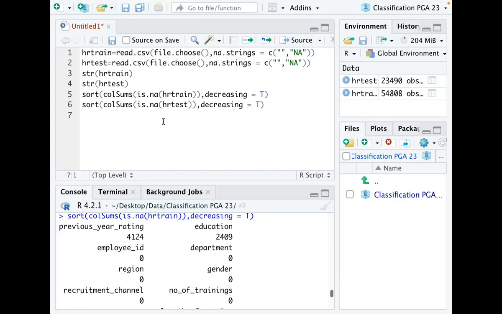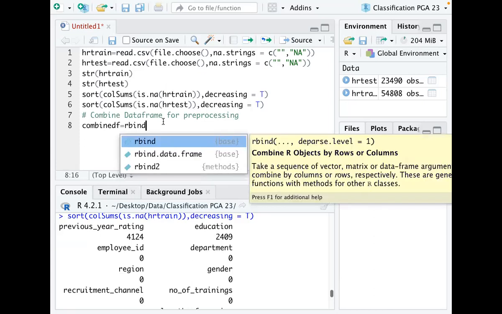Okay. Yeah, same. Combine data frame for pre-processing. So combine DF is equal to rbind, row bind.